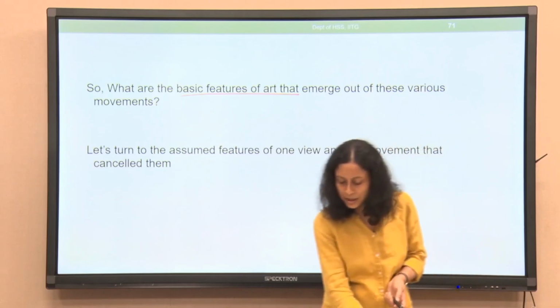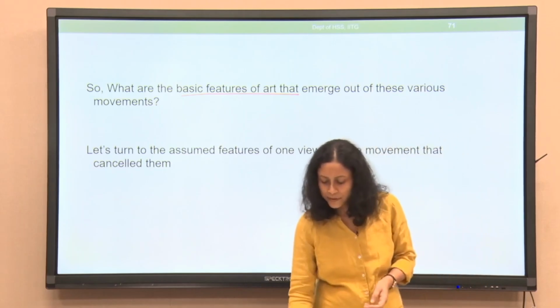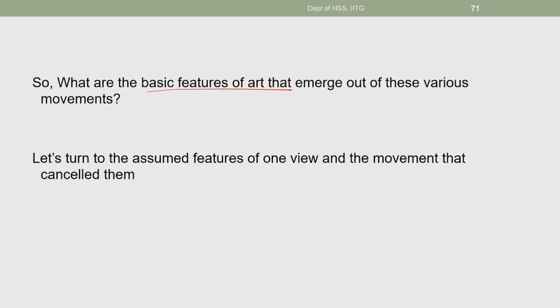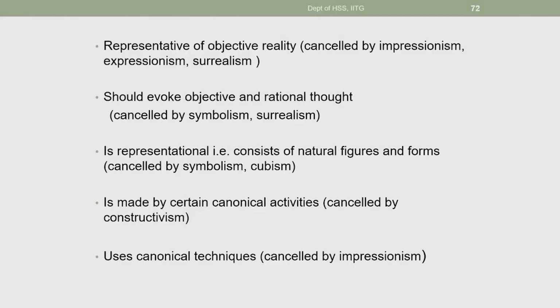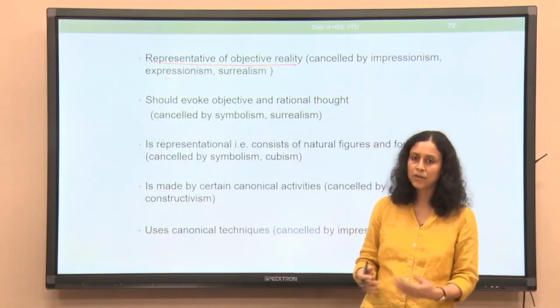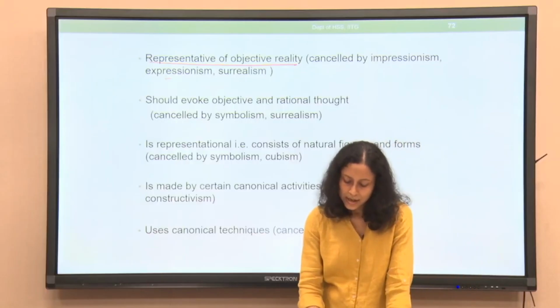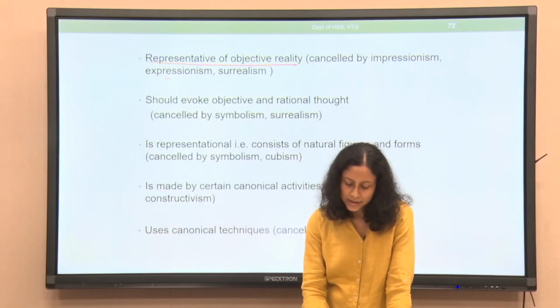So, let us turn to the assumed feature of one view and then a movement that cancelled it. For example, in the case of Impressionism, Expressionism and Surrealism, the idea was to represent an objective reality, something that is out there, you just express it.